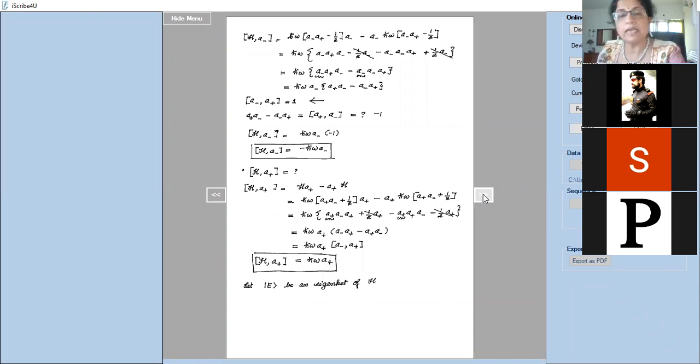In other words, it is not just an eigenket, it is an energy eigenket. Now we know that if we do H operating on this E, you will get essentially E.